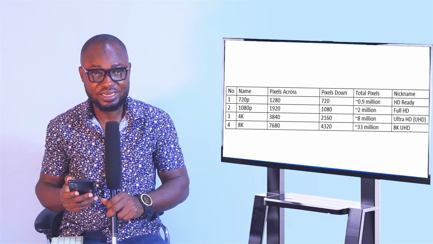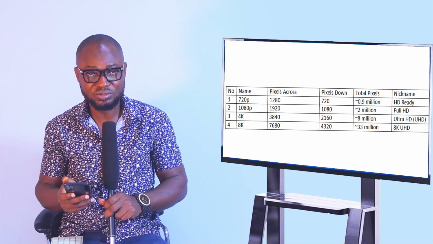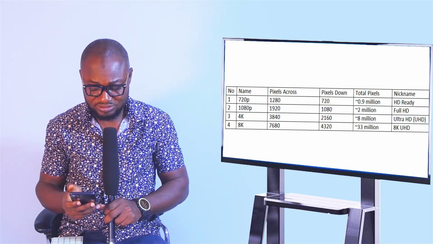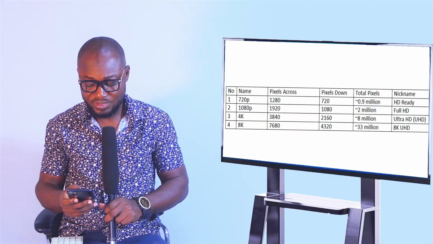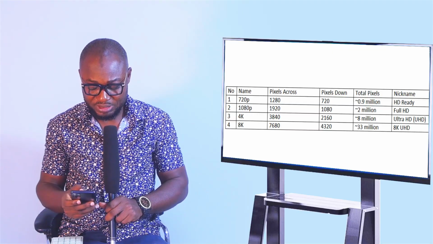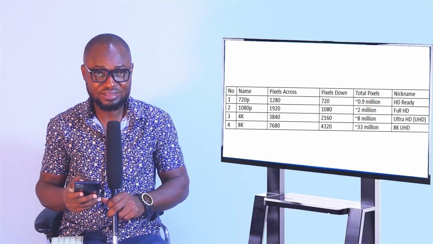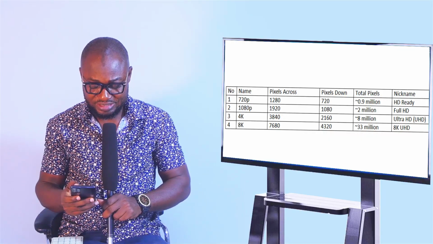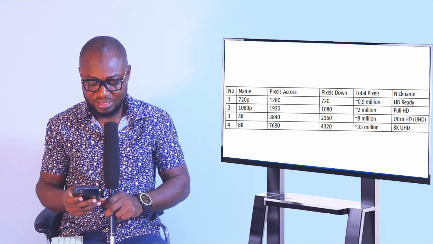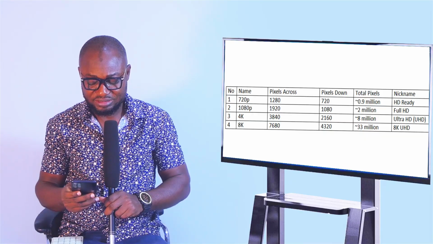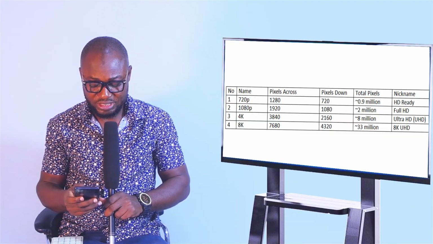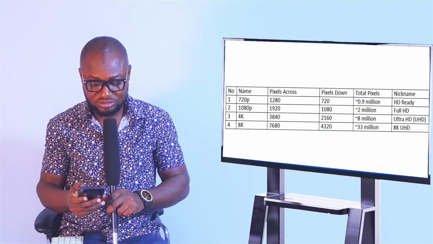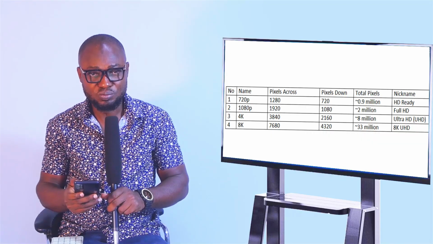Videographers, in the media, the camera settings you see are 1080p. The pixel across is 1920 and the pixel down is 1080, and the total pixels is approximately 2 million.